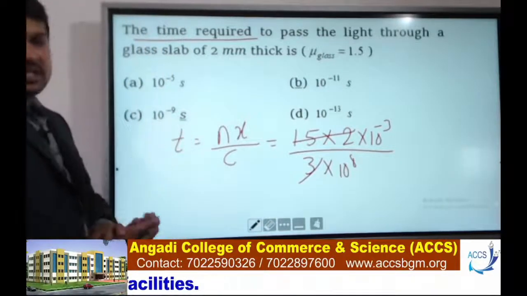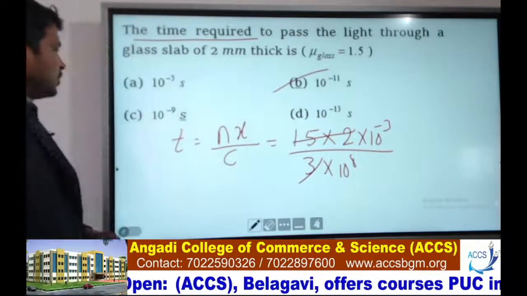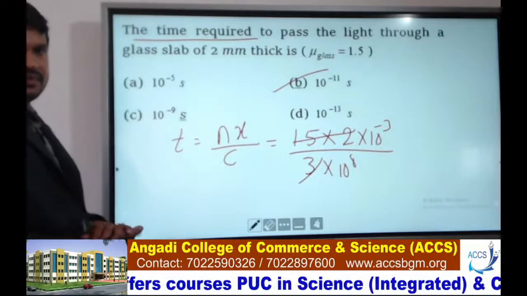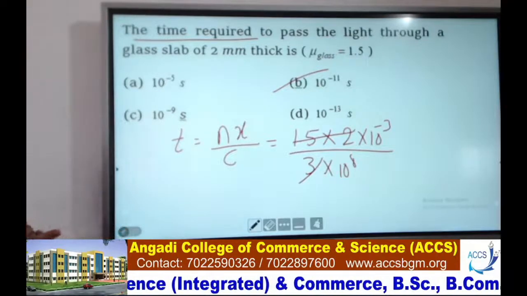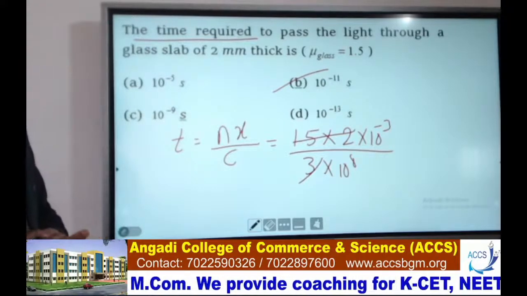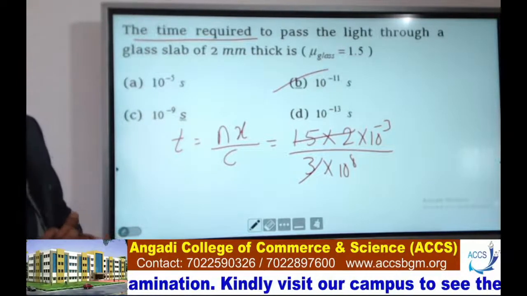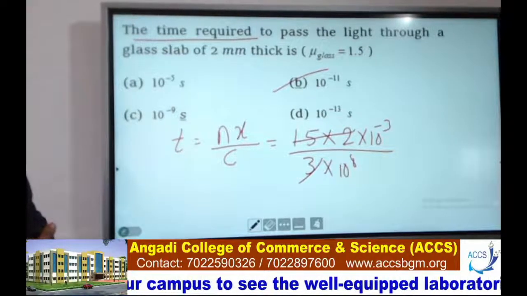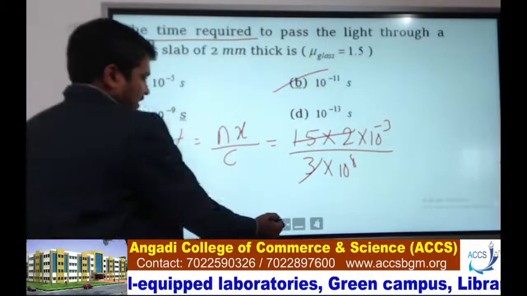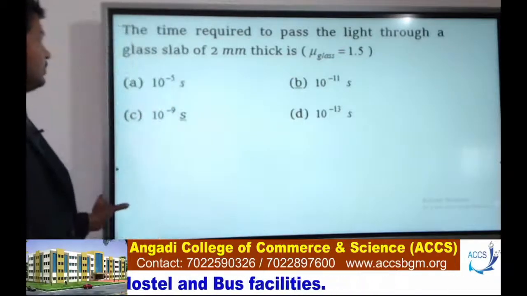Minus 8, that is 3, that is 10 raised to minus 11. Option B is the right answer. Note down. Okay, I hope you are clear. I'll move to the next one.